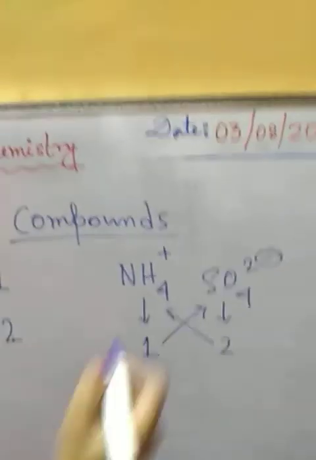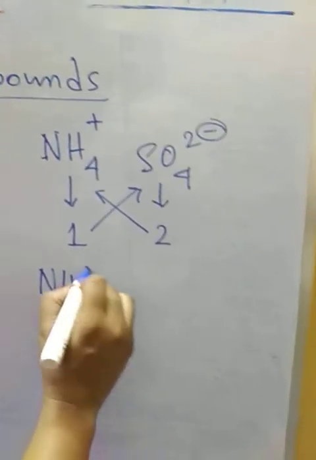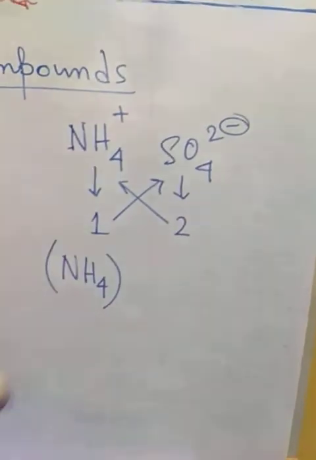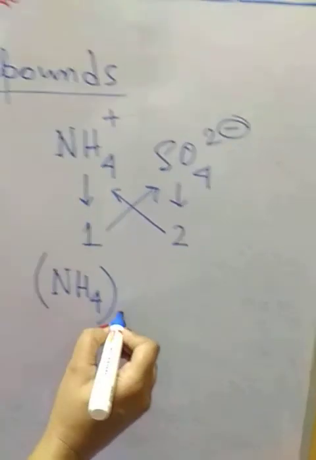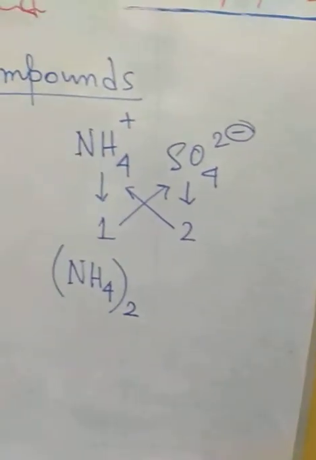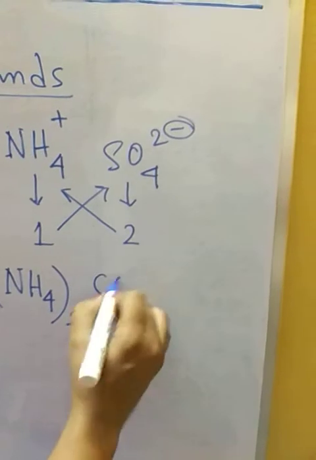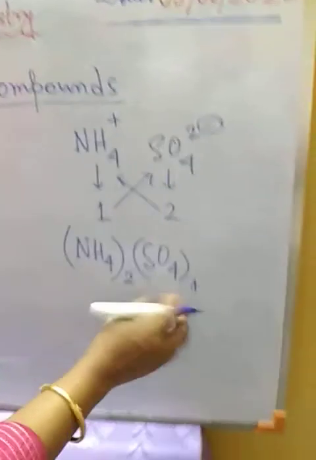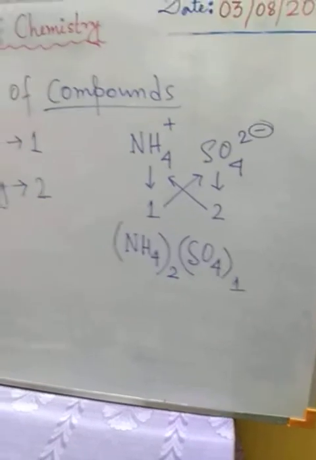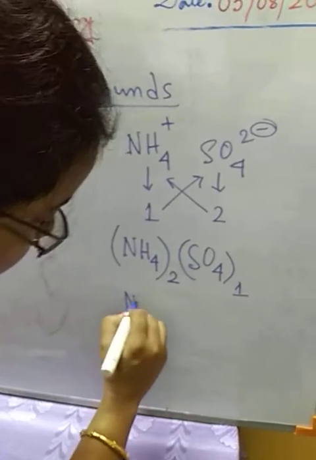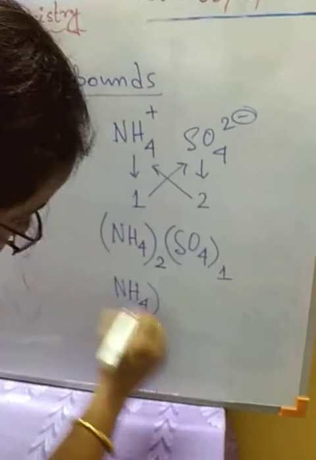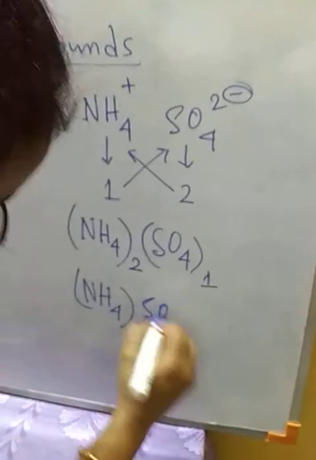So it will be NH4, as this valency 2 will go to the whole single unit of NH4 plus, so here we need to give a bracket. And sulfate SO4, here 1 we need to write. At first we will write 1 and then afterwards we can remove it. So NH4 whole 2 SO4.